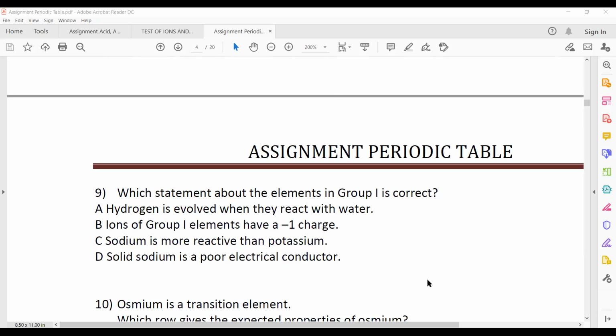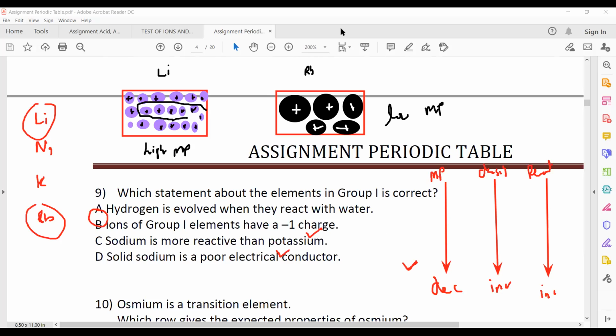As we go down the group, the reactivity increases. A is the right answer.